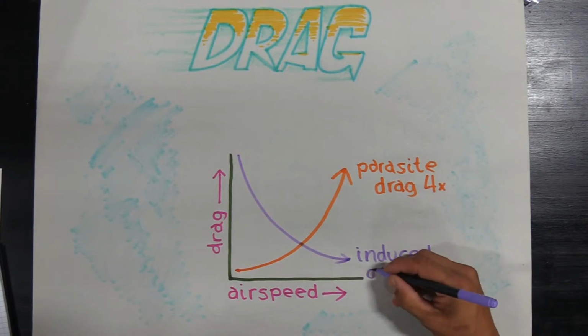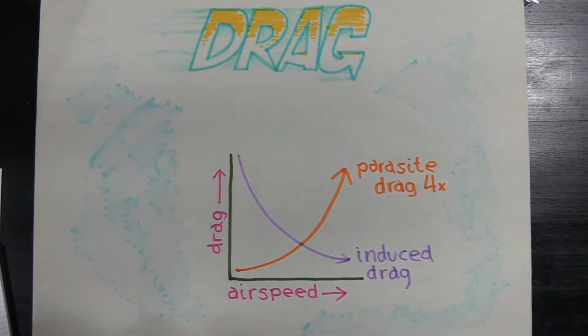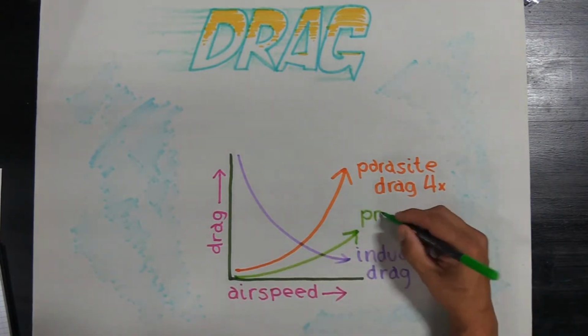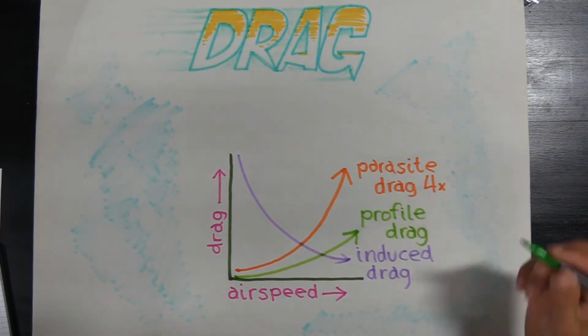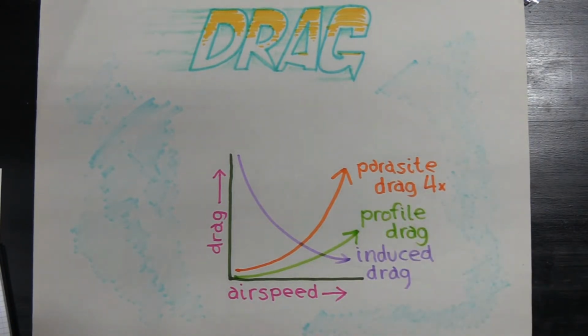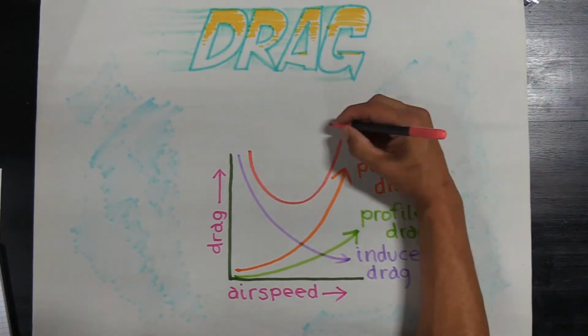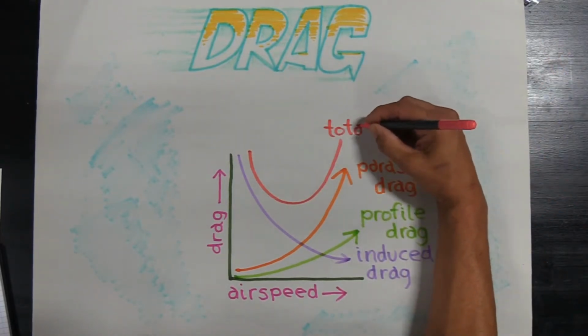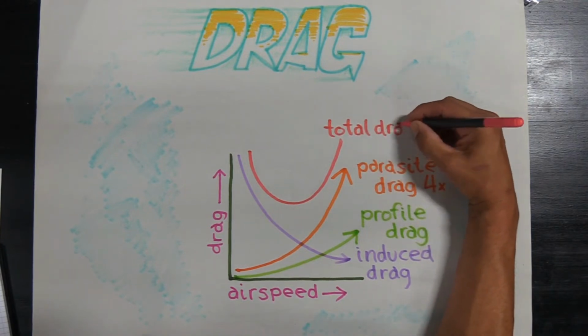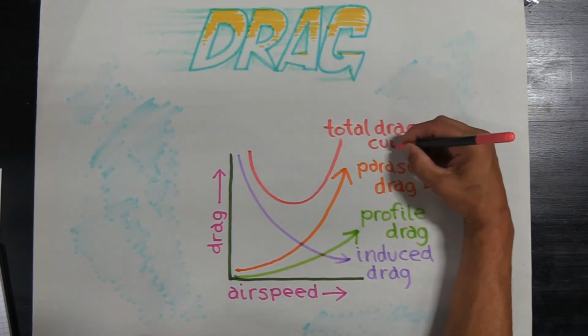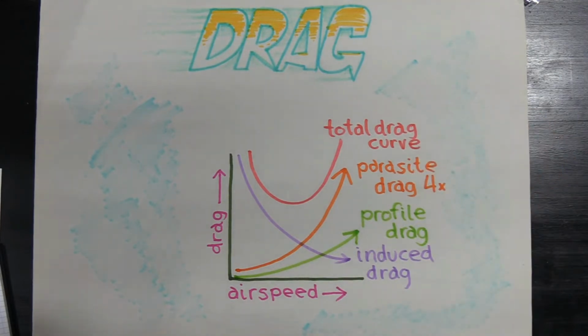Induced drag actually starts up high and then drops off with forward airspeed. And then we have profile drag, which slowly starts to eke up at higher airspeeds. Now what you do is if you average all of these together, you'll get your total drag curve. So average all these together, and that is this. So this is our total drag curve.